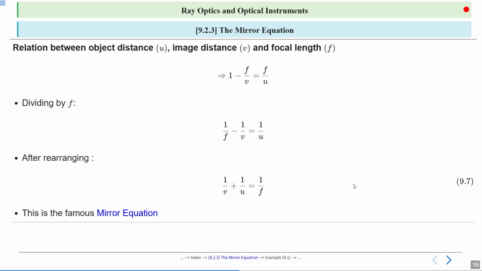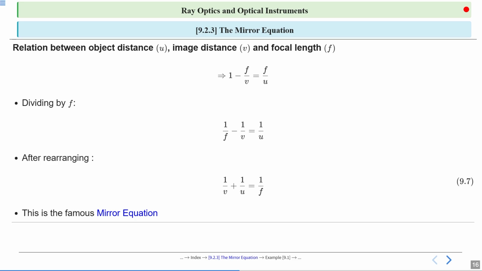In all the mirror problems, we have to find the image distance, or image distance is given and we have to find the object distance, or both image distance and object distance are given and we have to find the focal length. For convex or concave, any type of mirror, this is a universal mirror equation applicable to all types of spherical mirrors and plane mirror also.